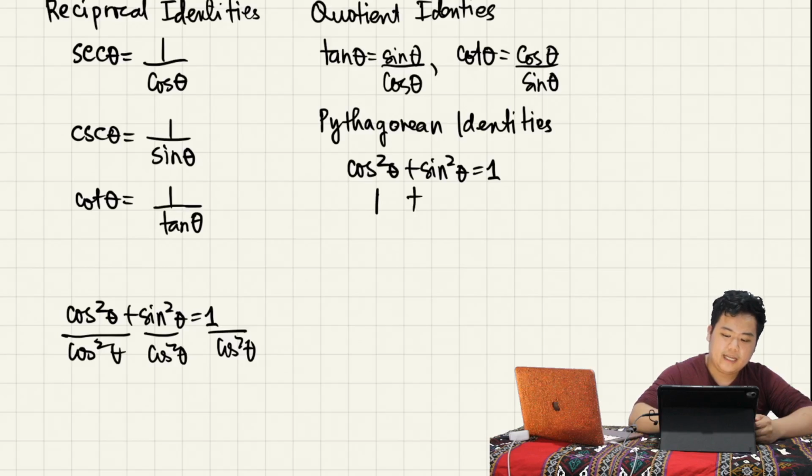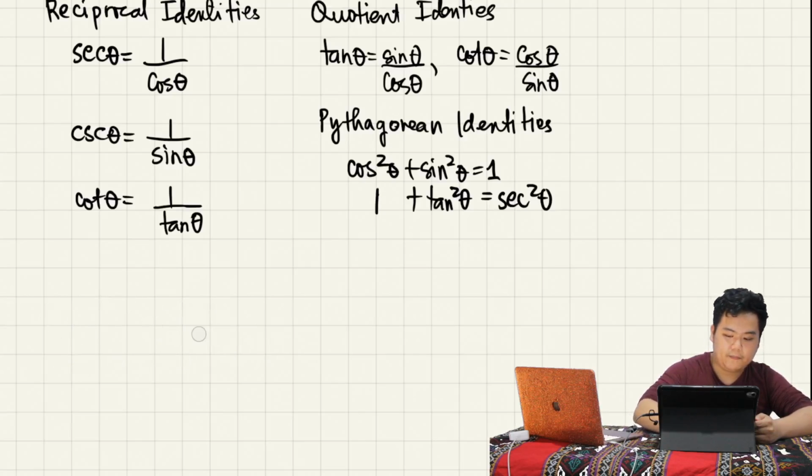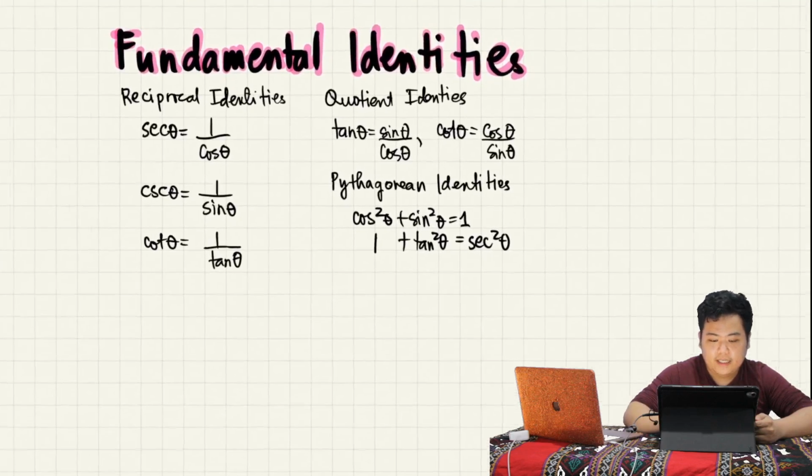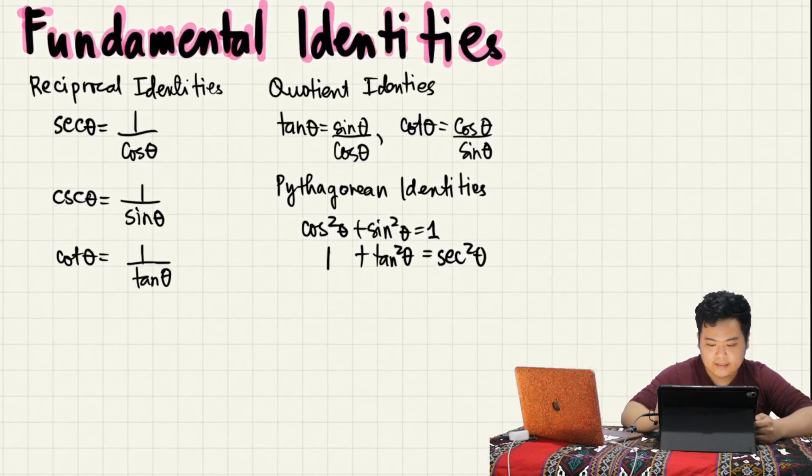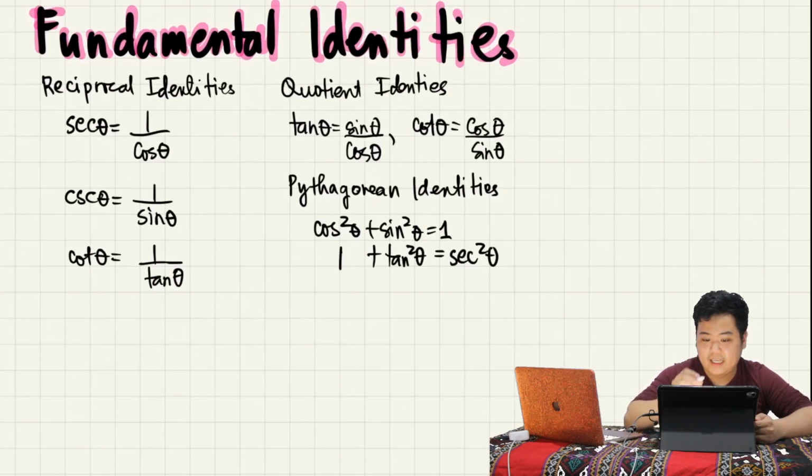So, 1 plus tangent square is equal to 1 over cosine is secant. Pero naka-square, so magiging secant square. So, yan yung isa sa mga kapatid ng Pythagorean identities. Okay? And, one last. If you divide everything by sine square, you will get 1 plus cotangent square theta equal to cosecant square theta.